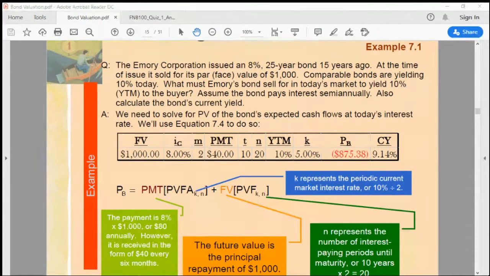I'll have to stop sharing the screen. Okay, now you see this Excel file.